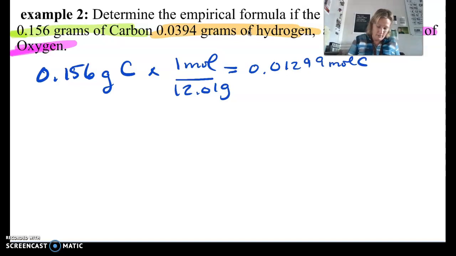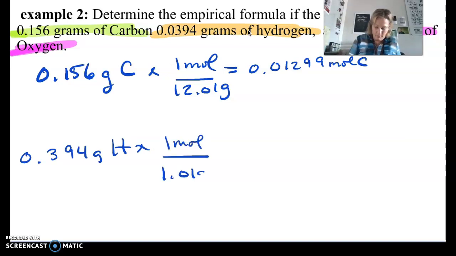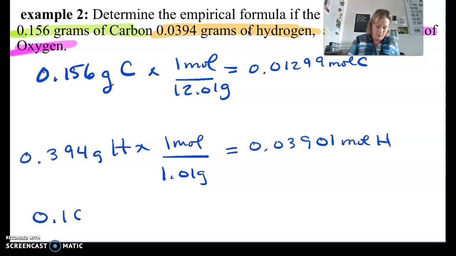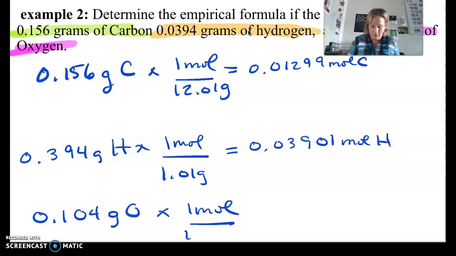And then we'll take the grams of hydrogen, convert to moles, 0.03901 moles of H, and the grams of oxygen, convert to moles of oxygen.